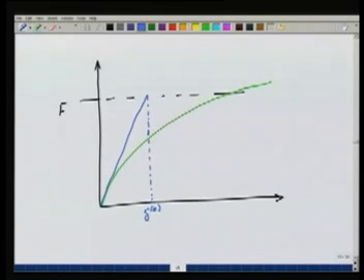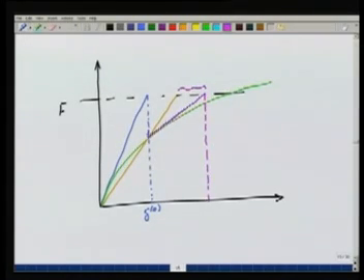Now, once I have this, instead of going with this line to the next solution, what if we took this line, which is the local tangent at this point? If I took the local tangent, you see that I have improved so much. The gap has come down.